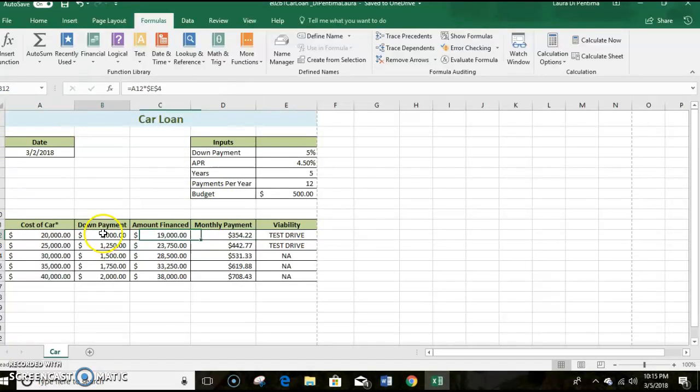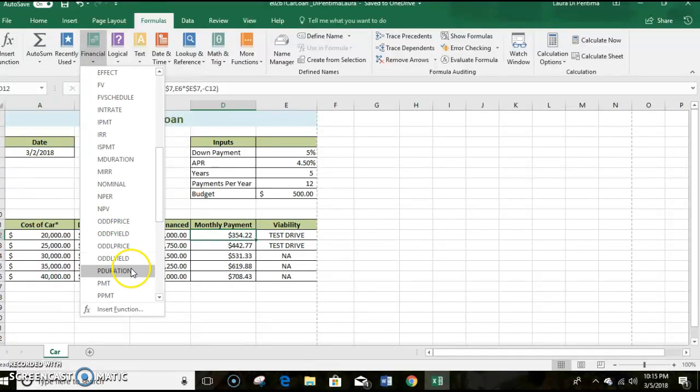So obviously I used formulas to factor the down payment, the cost of the car times the 5%. And then for the monthly payment, I created an amount financed column because I noticed in the hands-on exercises and in a lot of the textbook references, the PMT function wanted the present value.